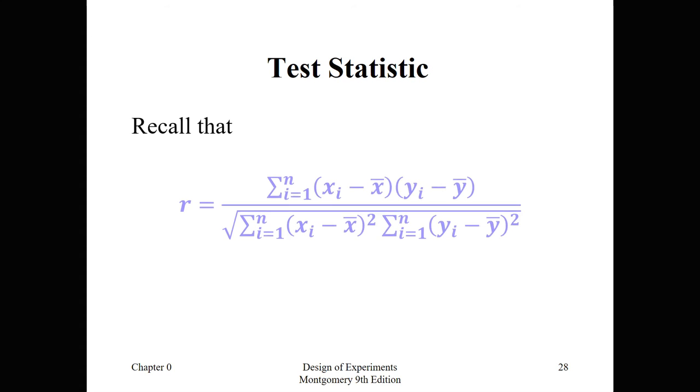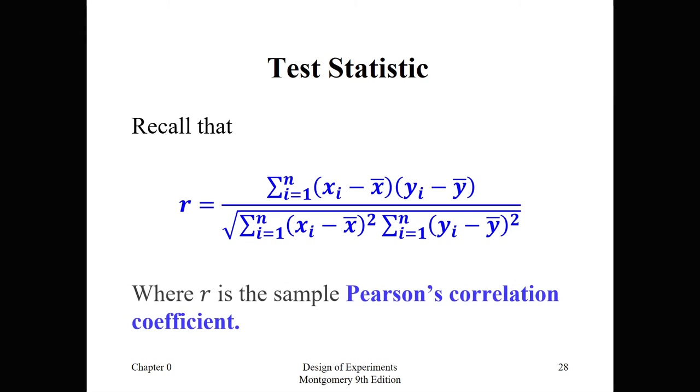For the test statistic, first recall how we calculate the sample Pearson's correlation coefficient R. It's the sum of x minus x bar times y minus y bar, divided by the square root of the sum of x minus x bar squared, times the sum of y minus y bar squared. This is one of multiple formulas you can use.